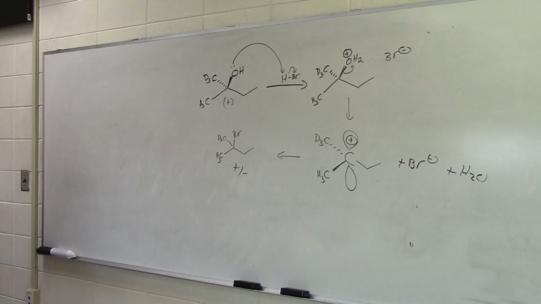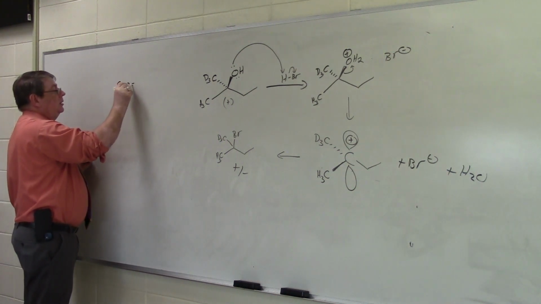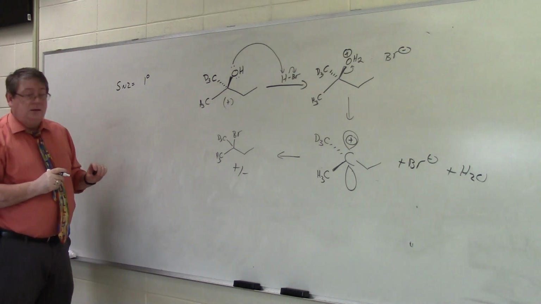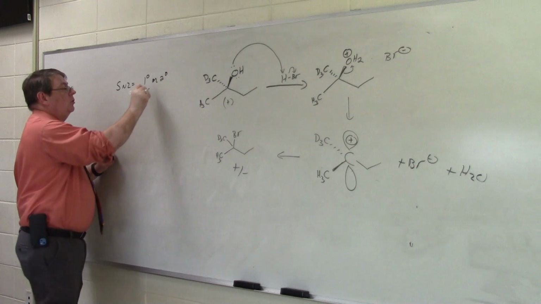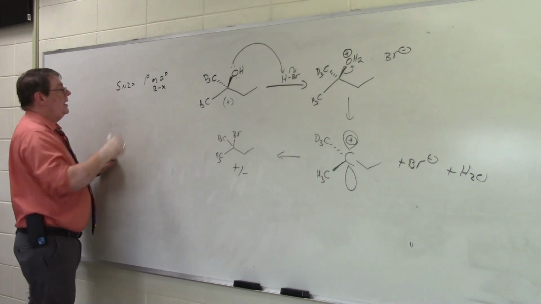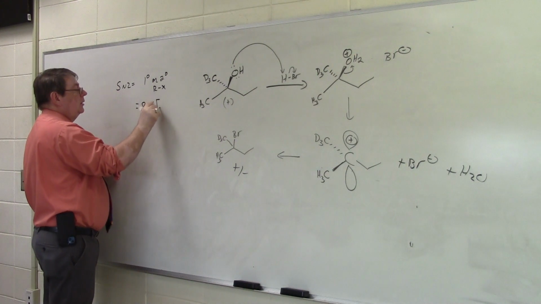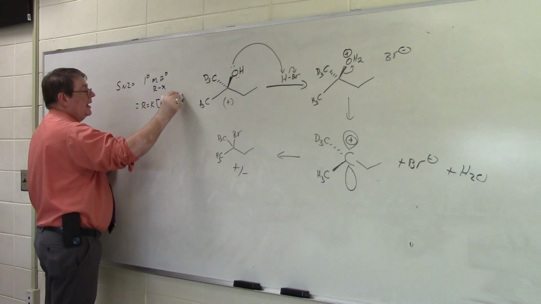SN2 gives us inversion of stereochemistry. Remember, SN2 reactions, you like primary alkyl halides or secondary alkyl halides, so RX. We know that the rate is equal to the concentration of the nucleophile times the concentration of the alkyl halide.